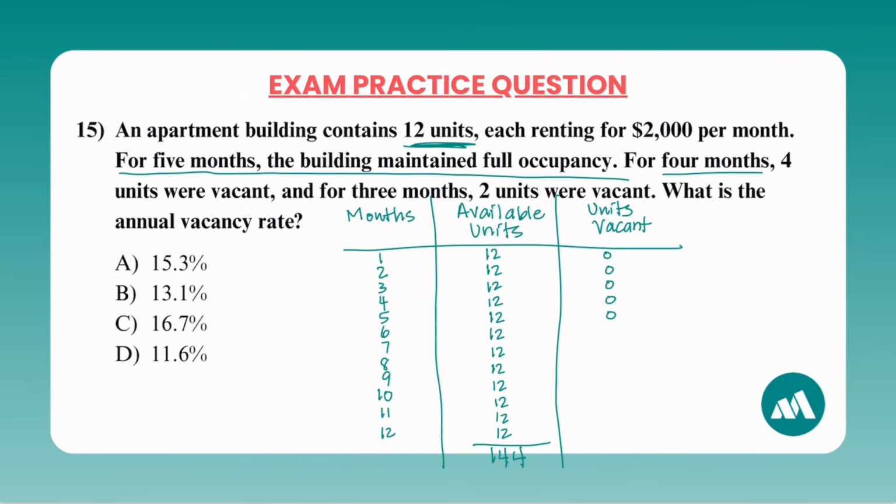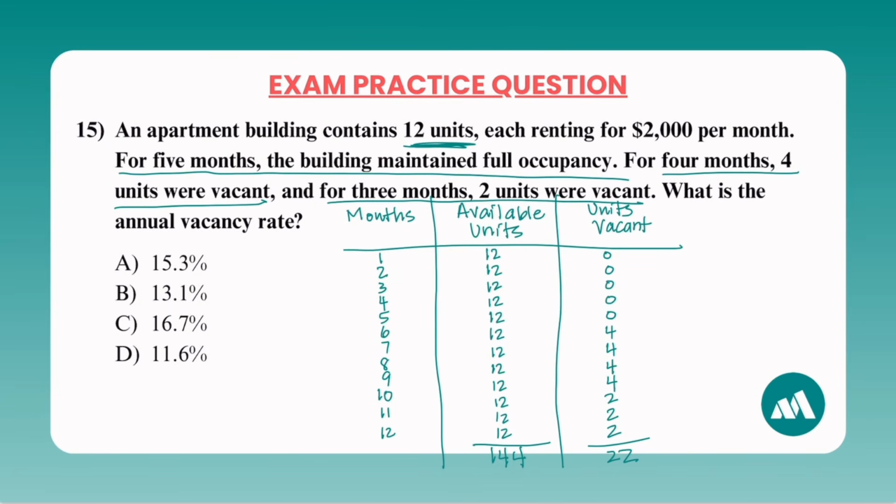Now for the next 4 months, we had 4 units vacant. So we're going to put 1, 2, 3, 4 fours here. And then for 3 months, we have 2 units vacant. So we have 1, 2, 3. Now, this is going to give us a total of 22 total units vacant throughout the year.